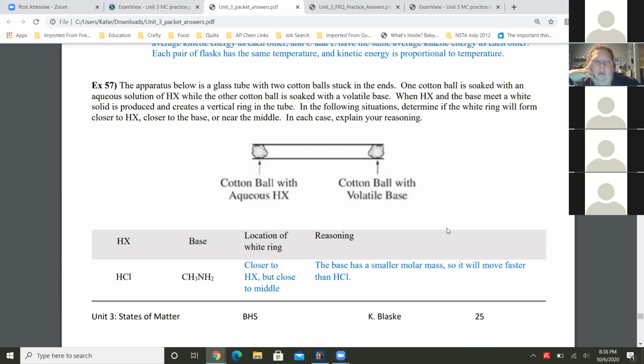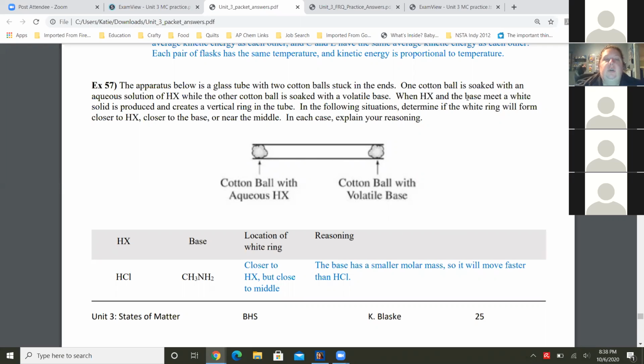So I get the problem. I just don't get why when the molar mass is bigger, it'll be closer to the one with the bigger molar mass. Okay. So this has to do with what Brady was just talking about, speed.